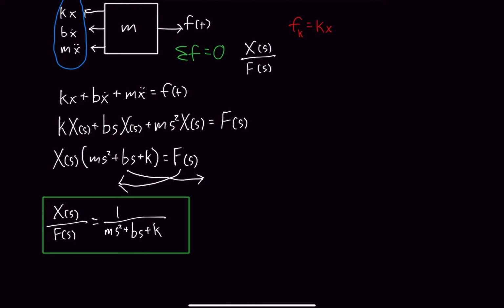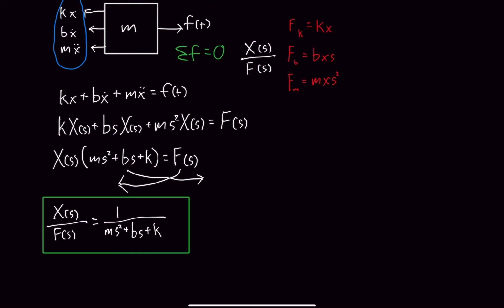And I'm going to go ahead and do this in the S domain. The force of the dampener is equal to Bx of s, and the force of our mass is equal to Mx of s squared.